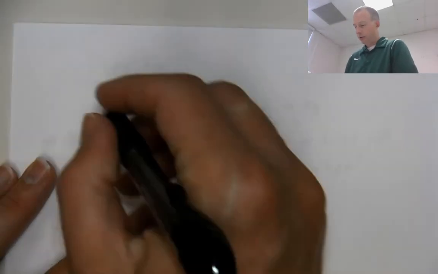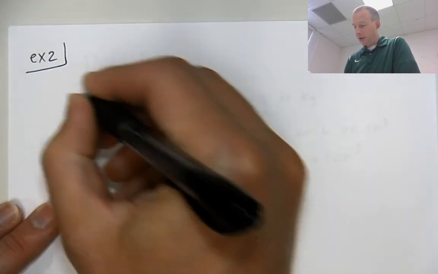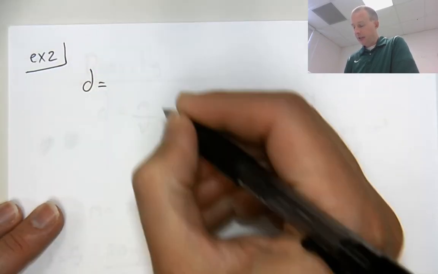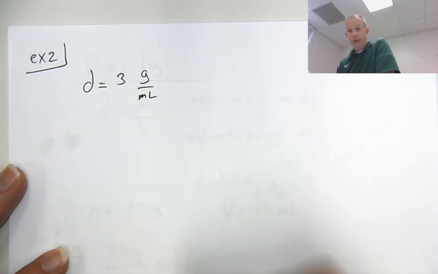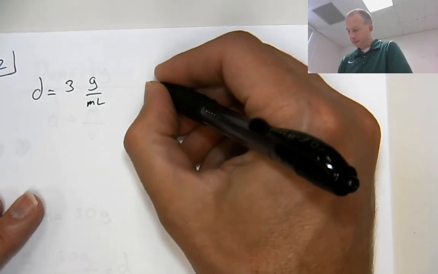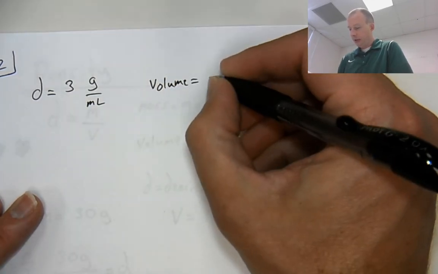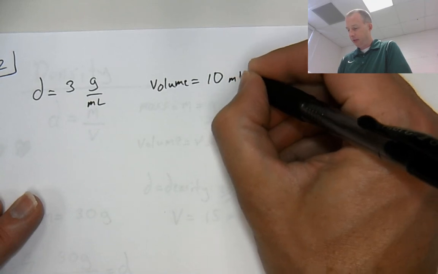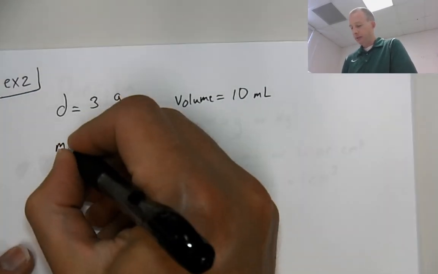Let's say you are told what the density of something is: a density of 3 grams per milliliter. And this thing takes up a volume, takes up space, of 10 milliliters. The problem says, what's the mass?